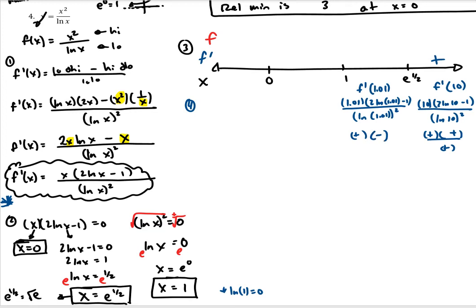Minus 1 would be negative. So that's breaking it down purely without a calculator. If you need to use a calculator, that's fine. I just want to try to break it down without one. The natural log of 1.01, again close to 0, is going to be slightly bigger than 0. So a positive value gets squared, and it would stay positive. So I have 2 positives and 1 negative, which would be negative.